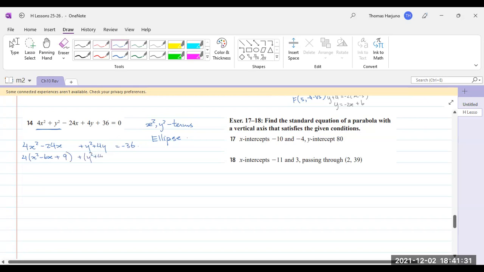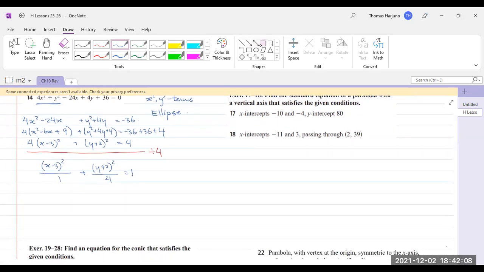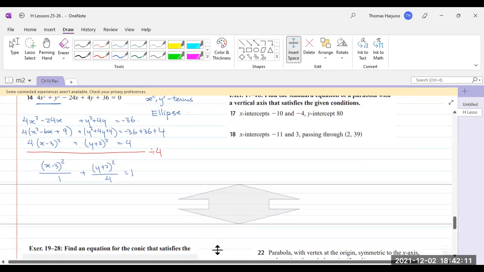And I will need to add 4 here. So we get 4 times (x minus 3) squared plus (y plus 2) squared equals 4 divided by 4. That gives us (x minus 3) squared over 1 plus (y plus 2) squared over 4 equals 1. So it's easy to see that the center is 3 comma negative 2.